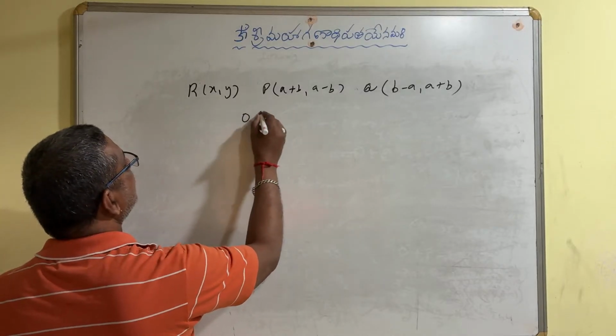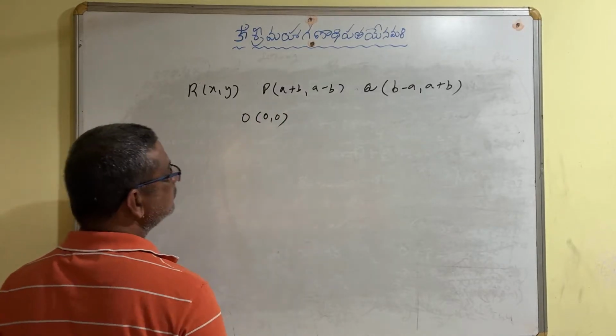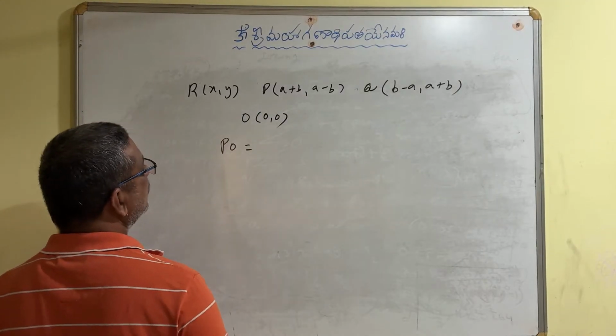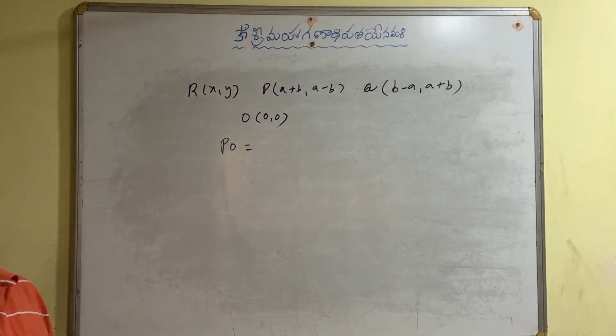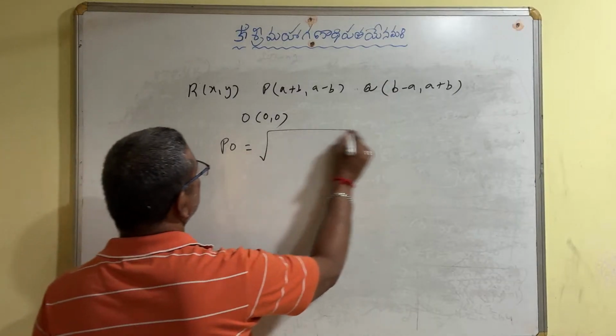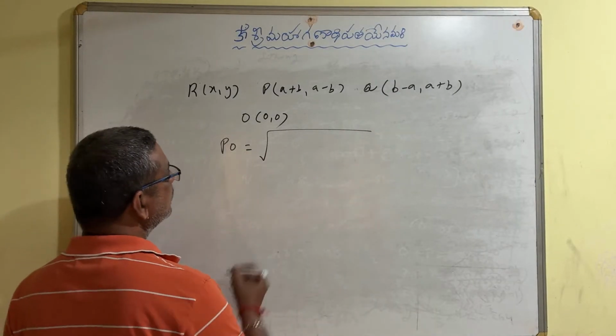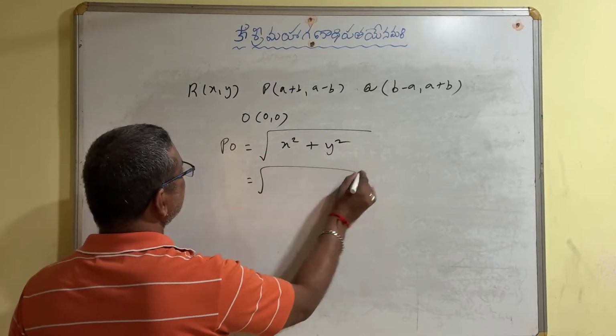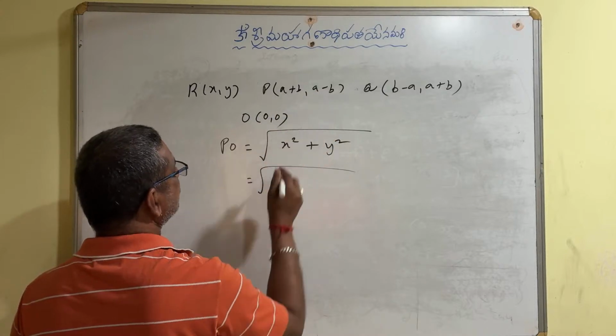Let origin coordinates be 0, 0. Then PO: the distance of any point from origin is root over x square plus y square only na. Here x is this one and y is this one.